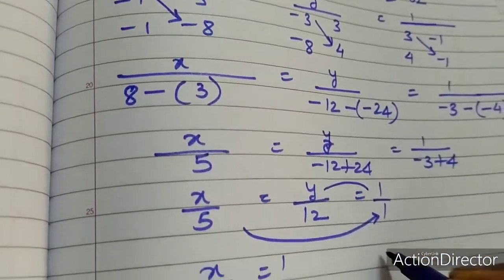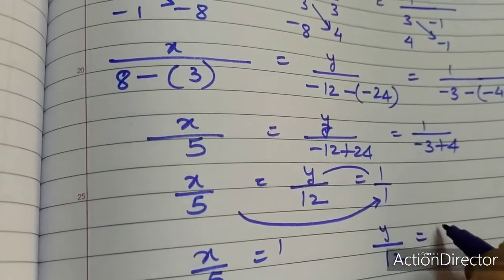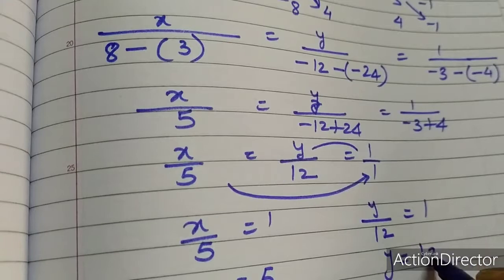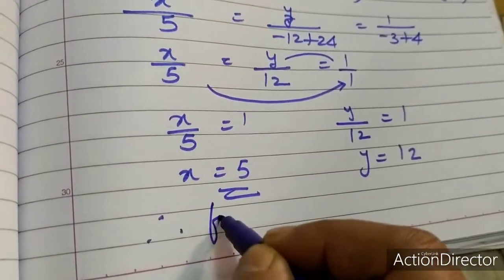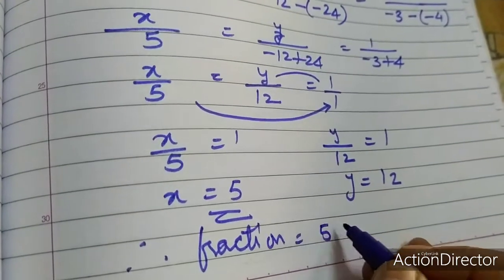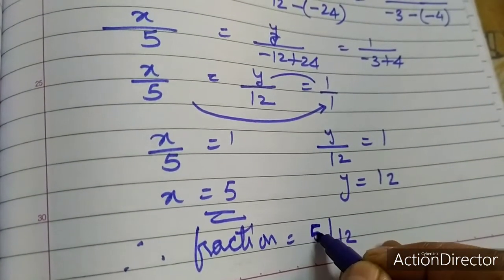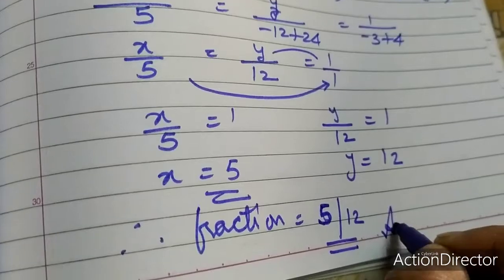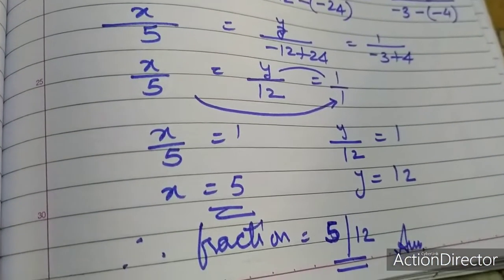And when you equate these two, y by 12 is equals to 1, hence y is equals to 12. तो हम लोग को क्या लिखना पड़ेगा इधर, फ्रैक्शन is equals to 5 upon 12. This is the answer.